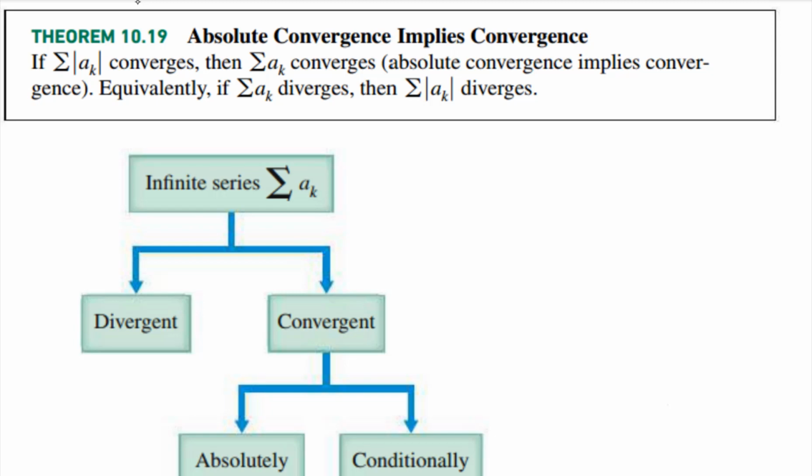Equivalently, if without an absolute value on it, it diverges, well, if you have something that's oscillating back and forth and that doesn't converge, once they're all positive values, it's still not going to converge. That's kind of the game here.